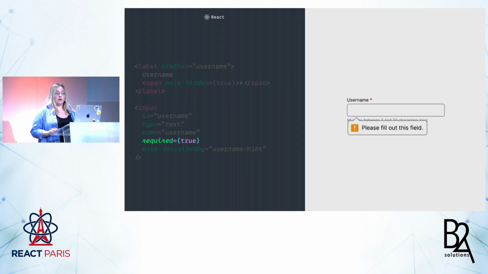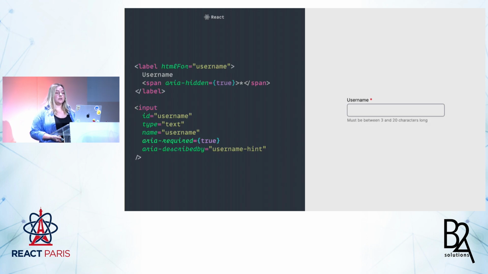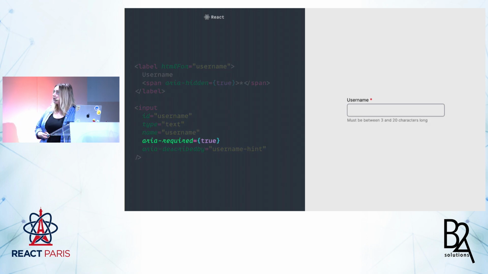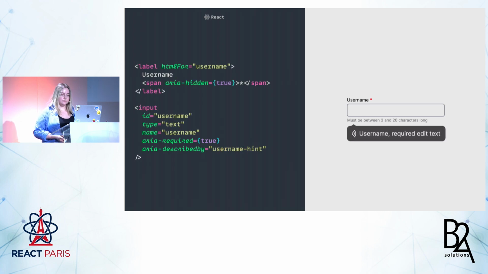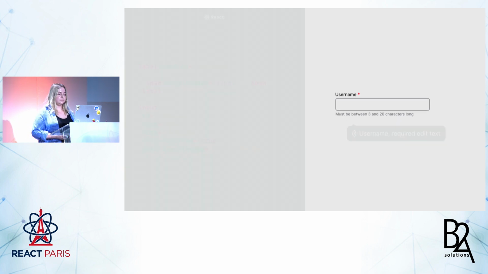So let's see how we can do that. And this is actually a perfect use case for ARIA, right? We want to implement something of our own, but we still want to provide semantics in the accessibility tree. So we can use the aria-required attribute for that, which will still be communicated to the user, like so: "Username, required edit text." But it won't kick off the native HTML validation, which might not always be what we want.